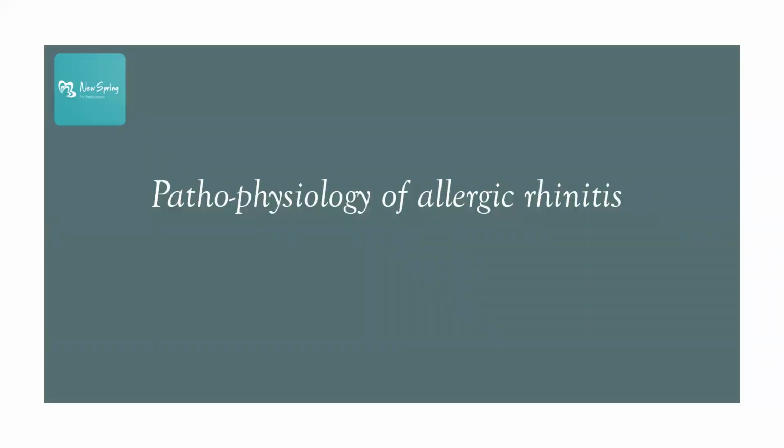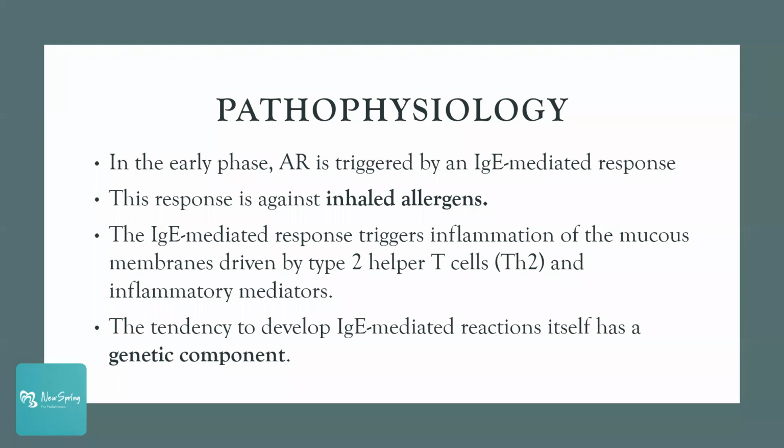So what's the pathophysiology of allergic rhinitis? Mainly it's divided into two phases: an early phase and a delayed phase of an inflammatory reaction. Allergic rhinitis is an IgE-mediated response to an allergen.